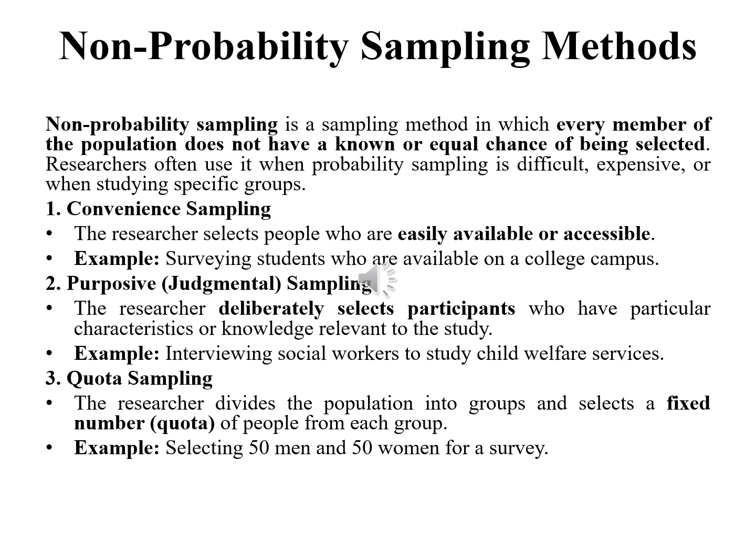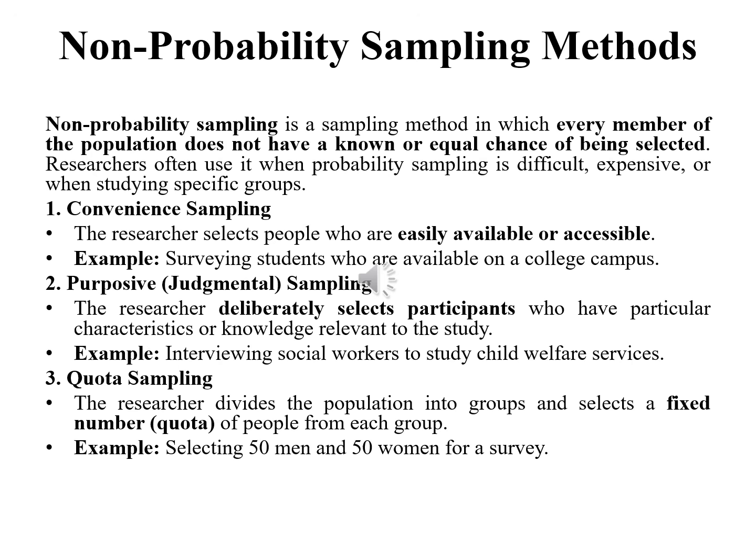purposive or judgmental sampling. Then the third one is quota sampling. Quota sampling means the researcher divides people into groups and decides a fixed number, or quota, to select from each group. For example, the researcher is surveying 100 people, so out of 100, 50 will be men and 50 will be women.